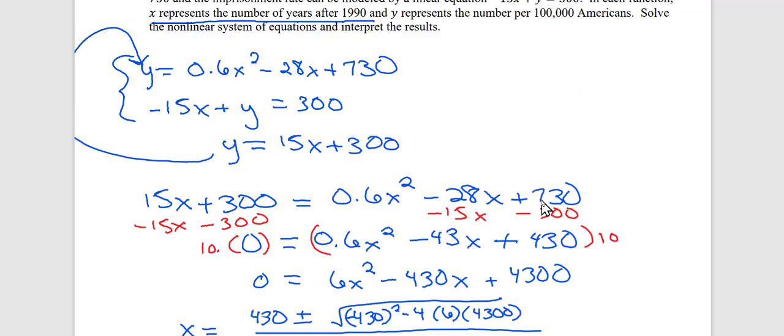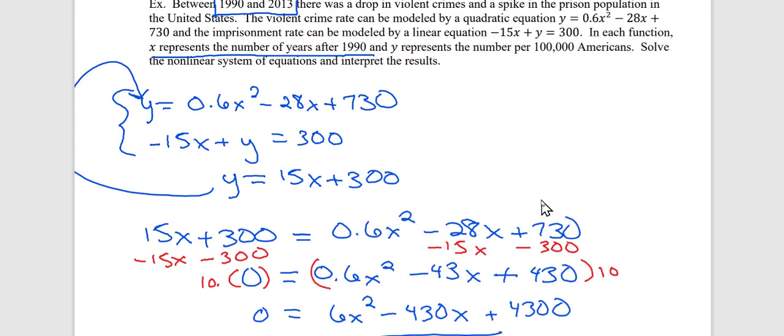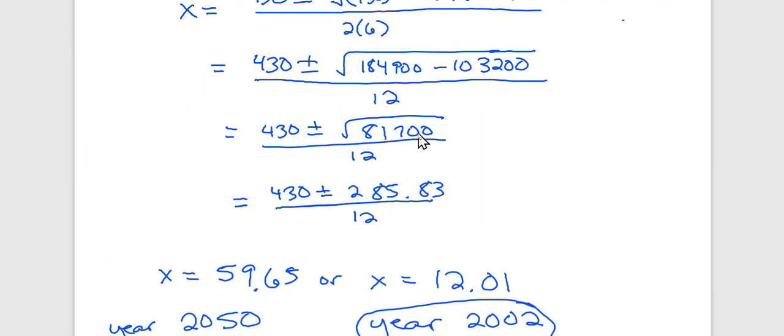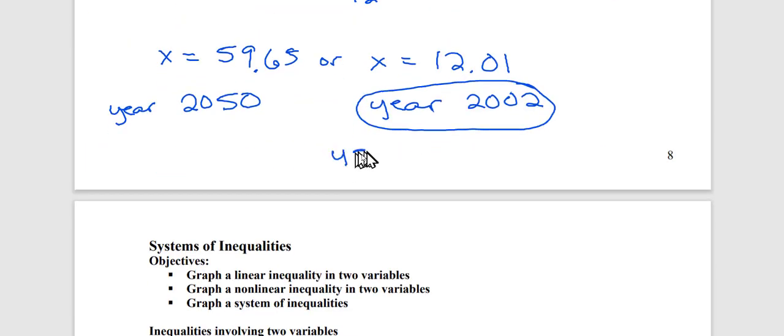And then the y value. Let's do this. y equals 15x plus 300. y equals 15 times 12 plus 300 gives me 480.